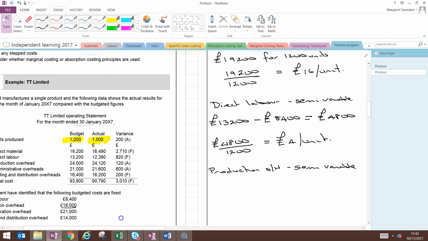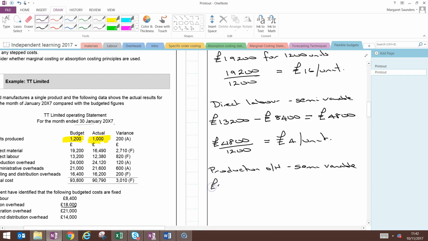So if we take the total of 24,000 deduct the fixed part of 18,000. That leaves us with 6,000 variable. We need to know the variable cost per unit. So £6,000 divided by 1,200 gives us £5 per unit.